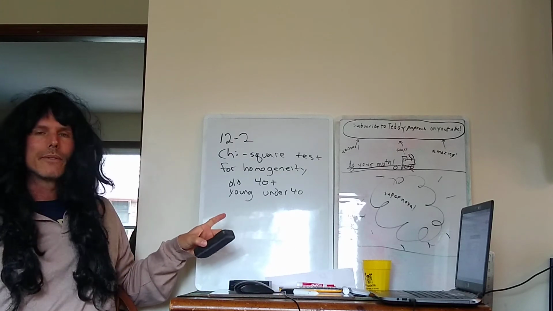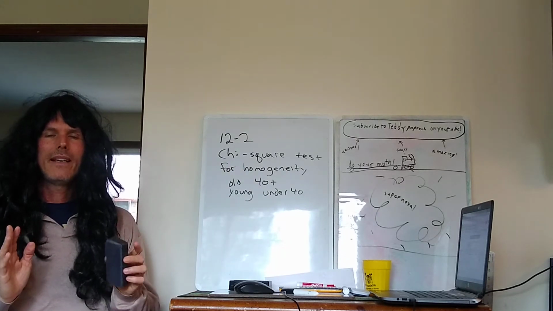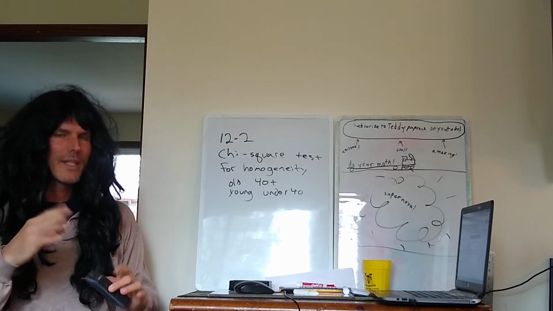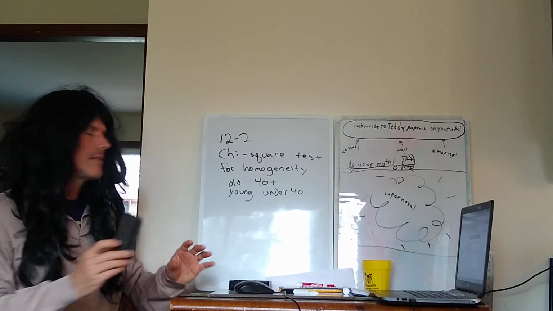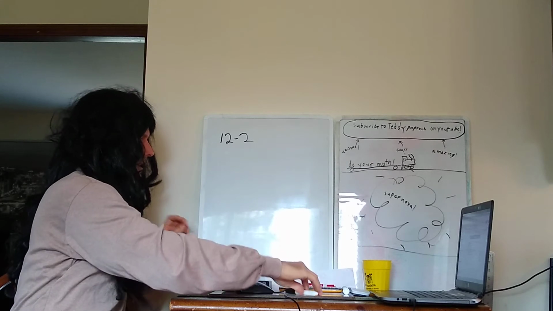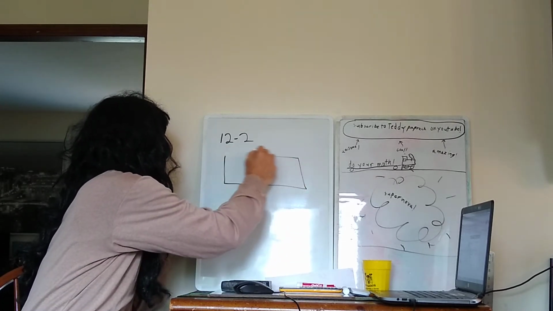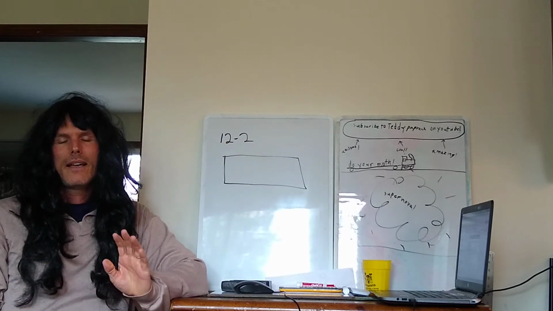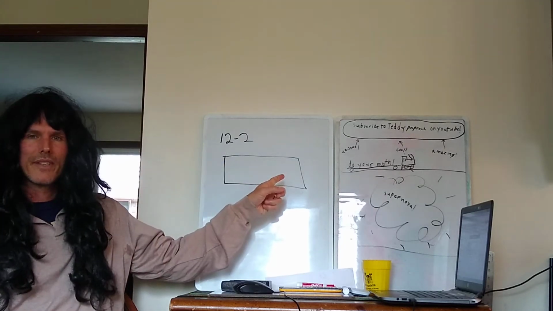I'll probably erase all this so I can make a table. The chi-square test for homogeneity, as well as the test for independence, both involve what's called a two-way table. Again, I'll explain what that means. A two-way table is going to be a rectangle or a square, and you make cells within this table.